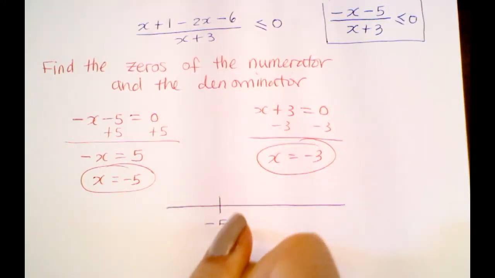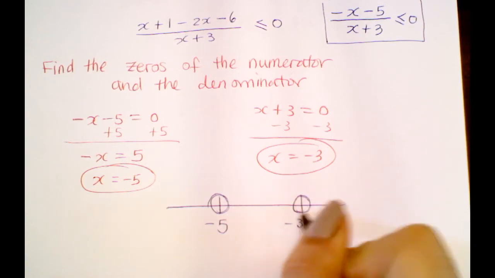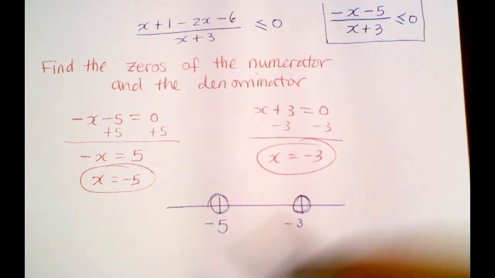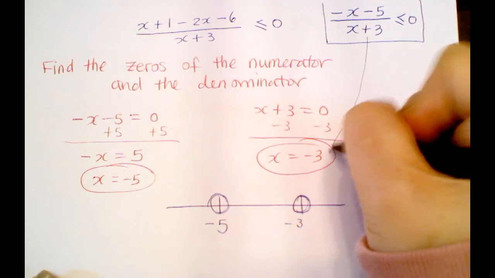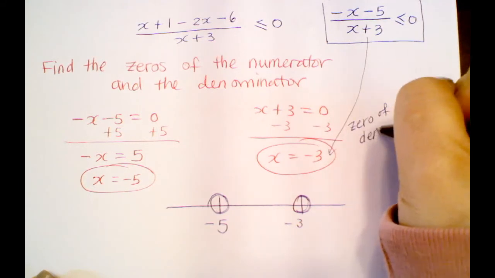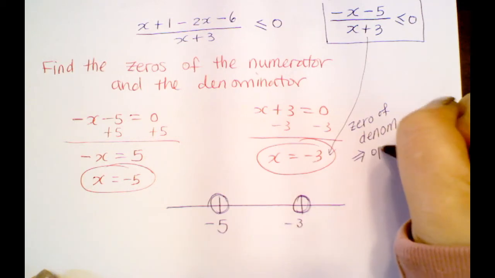The smaller number, negative 5, on the left. The slightly bigger number, negative 3, on the right. Let's decide which one is open and which one is closed. Now remember, this is the zero of the denominator, which means always use an open circle.